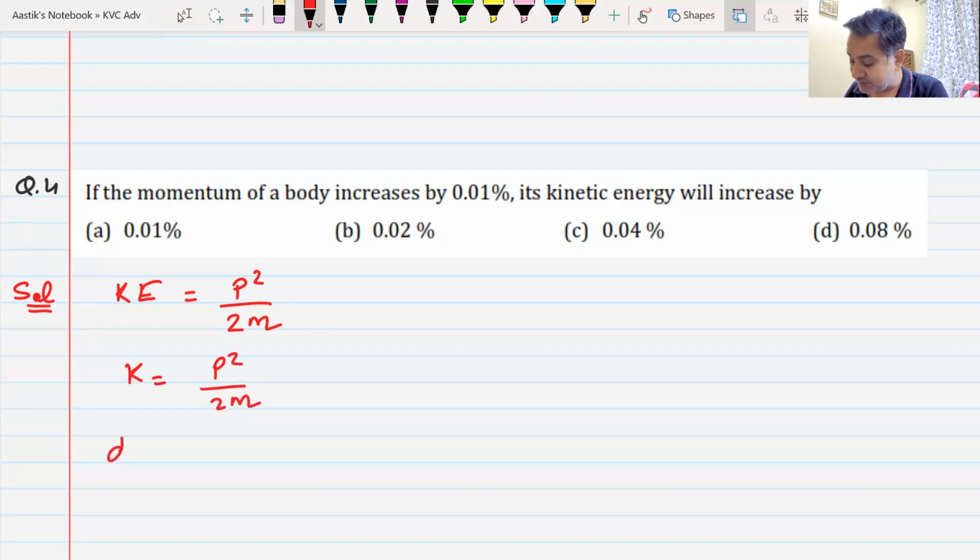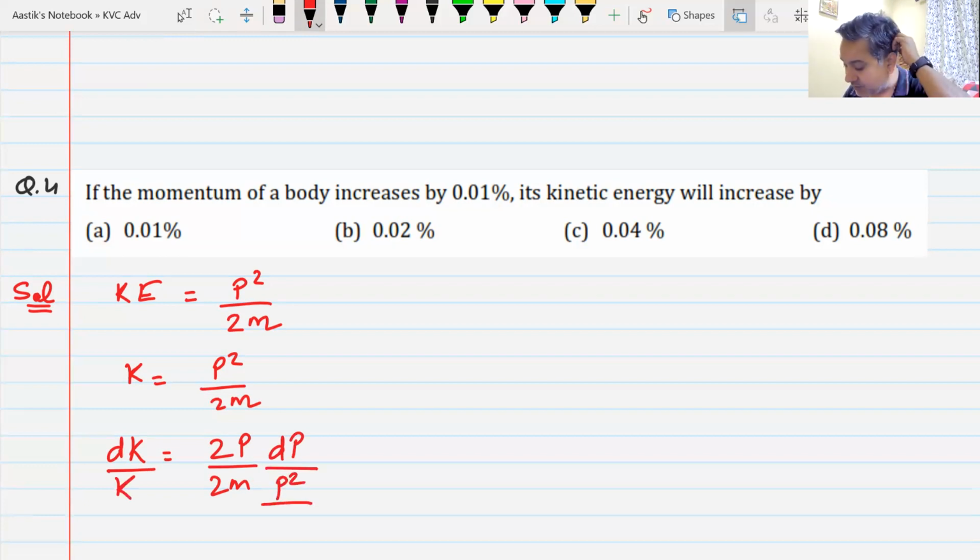If I differentiate this, dK will be equal to 2P by 2m into dP. Do we understand what I have done? Yes, sir. I divide this by K, so this becomes divided by P square by 2m. Are you getting what I have done here?